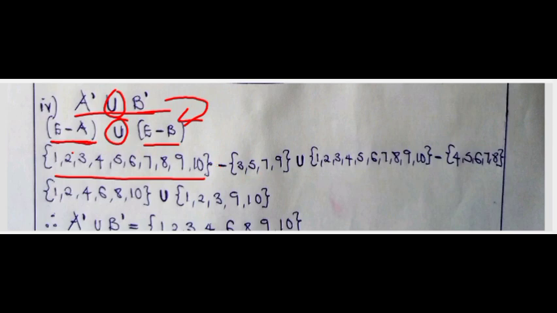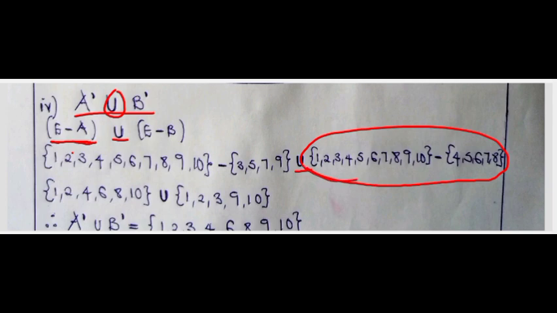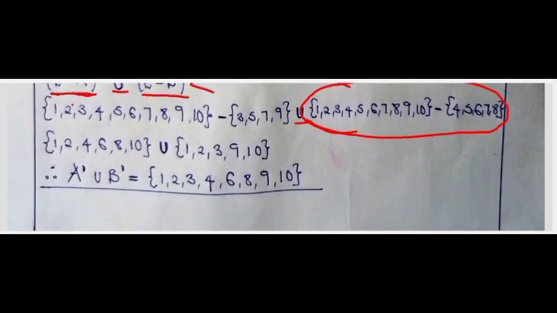Now, if we are given something like that, it simply means the first part, this part here, is just the universal set minus A. And then we have the part that is joining the two, which is the union there, and the second part, the universal set minus the B part, is simply this. I hope you're following.